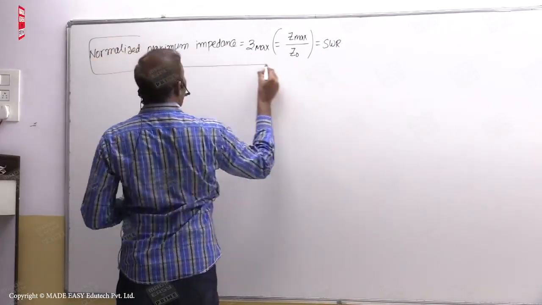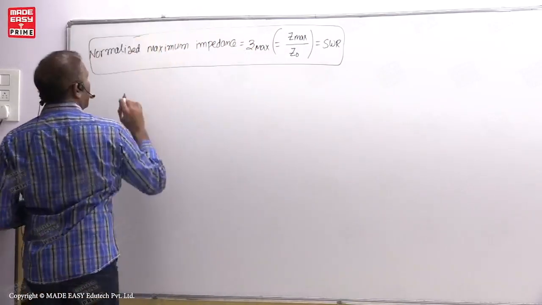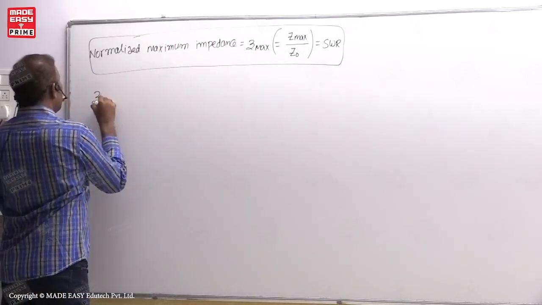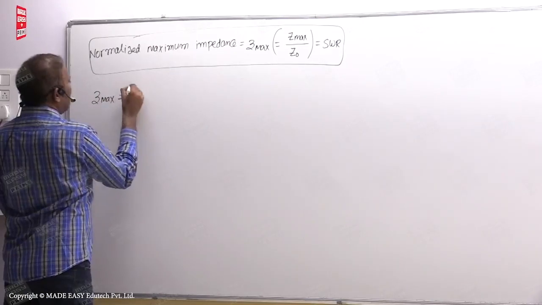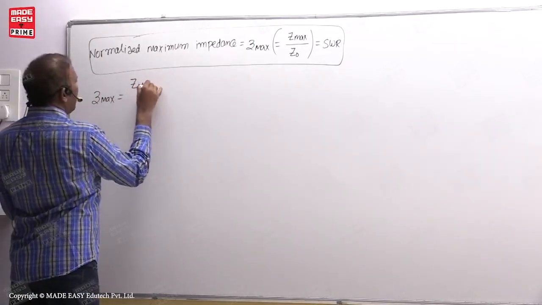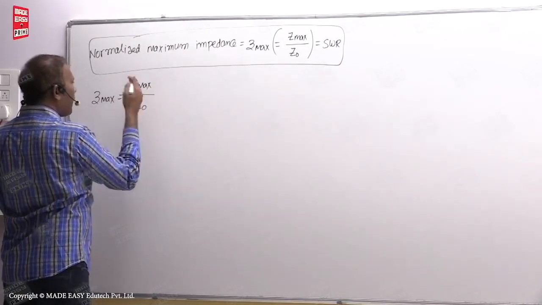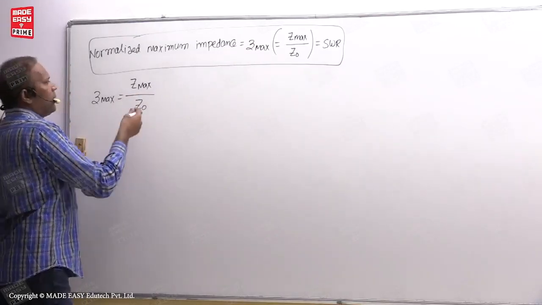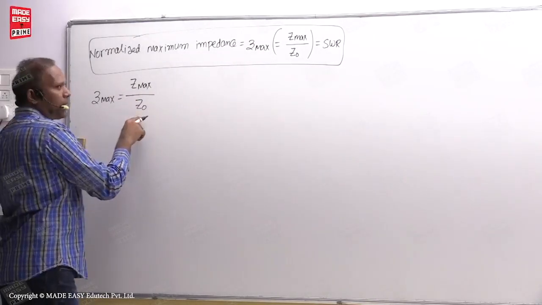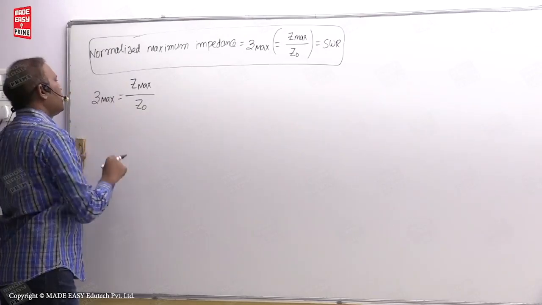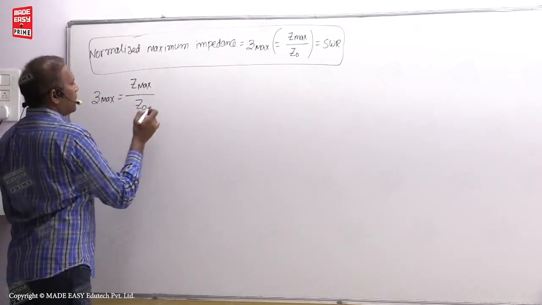I am writing here small z maximum is equal to, what is the definition? Maximum impedance by Z naught is defined. It is definition, student. Maximum impedance divided by characteristic impedance is defined as normalized maximum impedance.